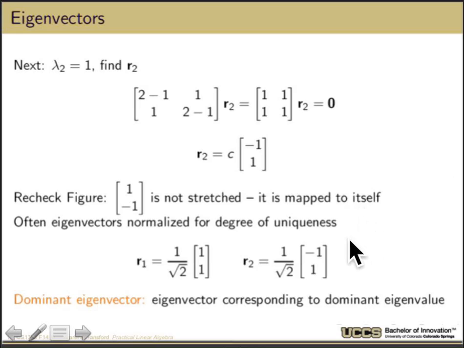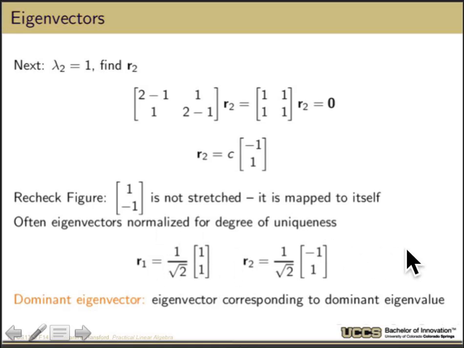Generally, people will normalize eigenvectors so that they have unit magnitude. This is because it's c times this value, and so any value of c will work. So how do I say what an eigenvector is in general? Well, we're going to normalize it so it has length 1. In this case, since both of these have length square root of 2, we're going to multiply by 1 over square root of 2, and now they'll both be unit vectors.